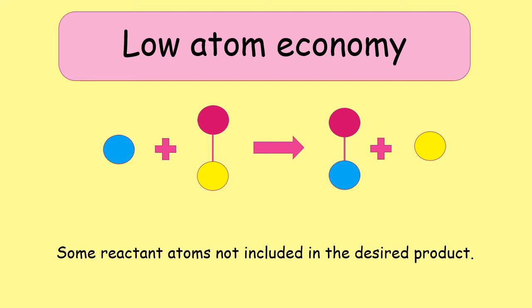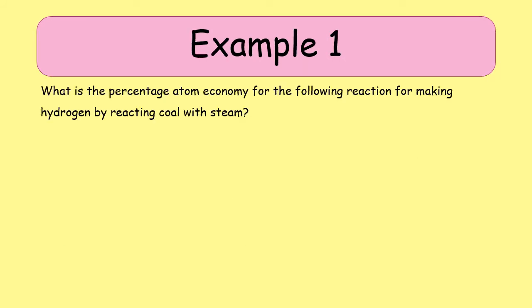Because only one of those products is desirable, the other product is a waste of atoms in the strictest sense. So you should know automatically if a reaction only has one product, it has a really high atom economy. If you've got more than one product, then you have to calculate the atom economy. And we're going to do one worked example now.